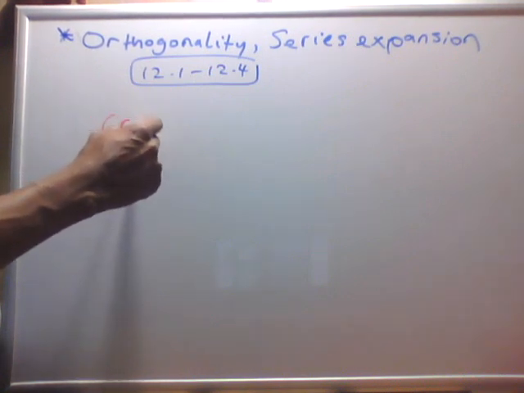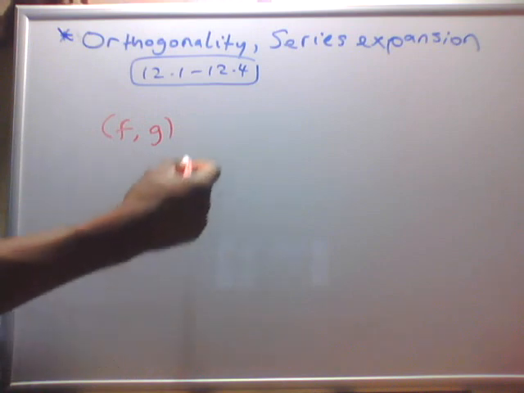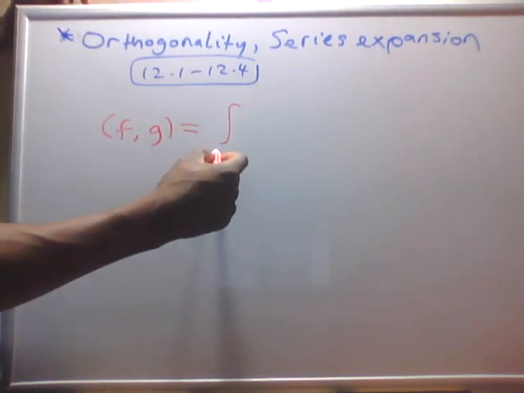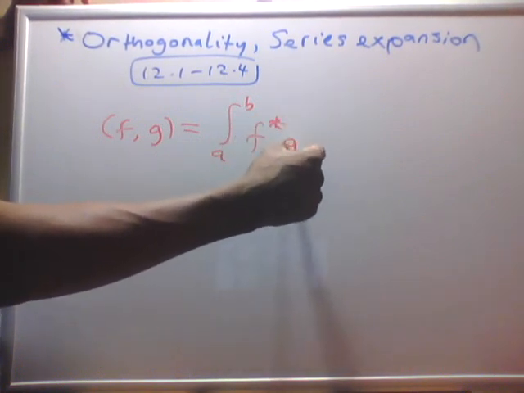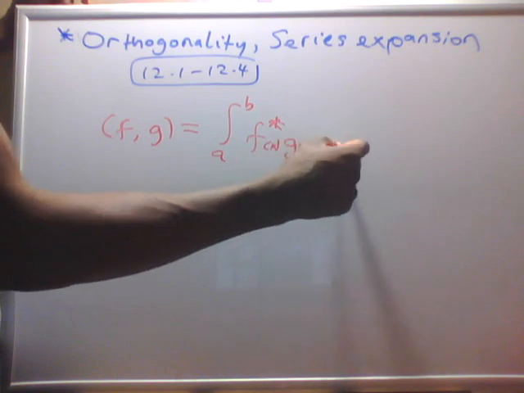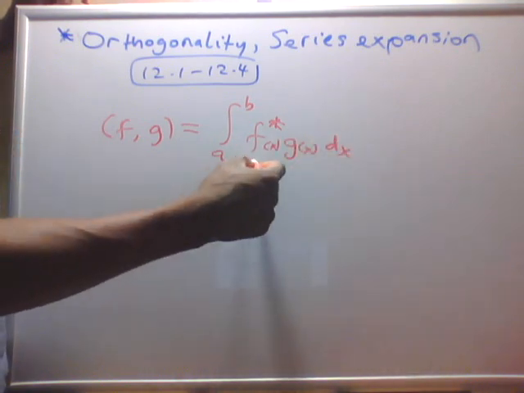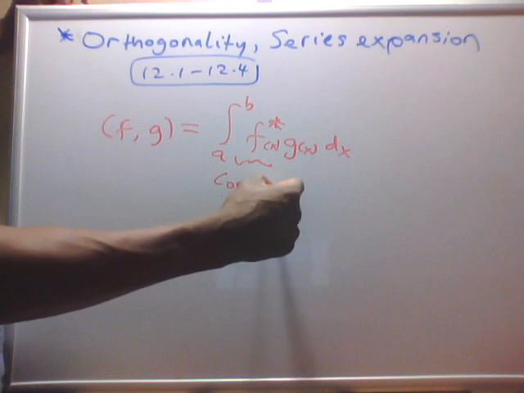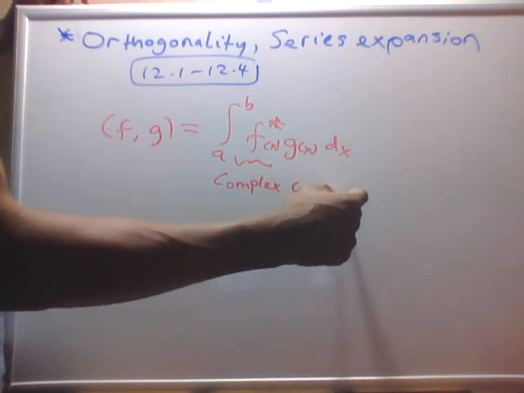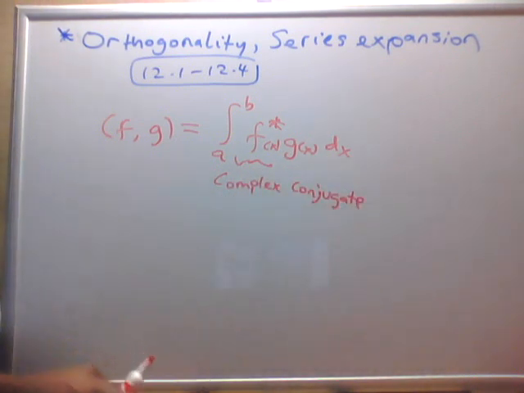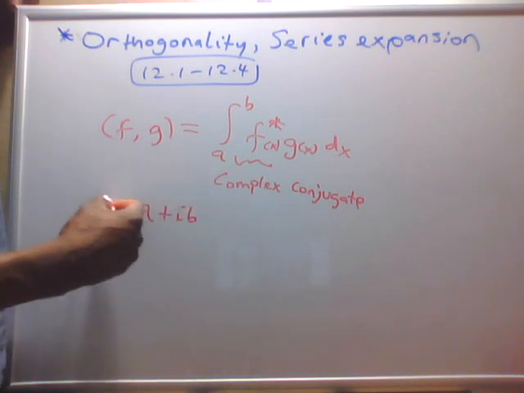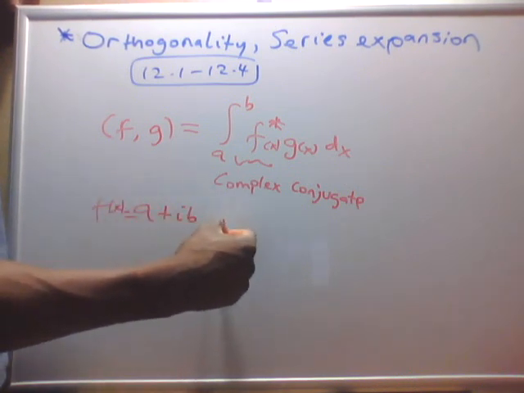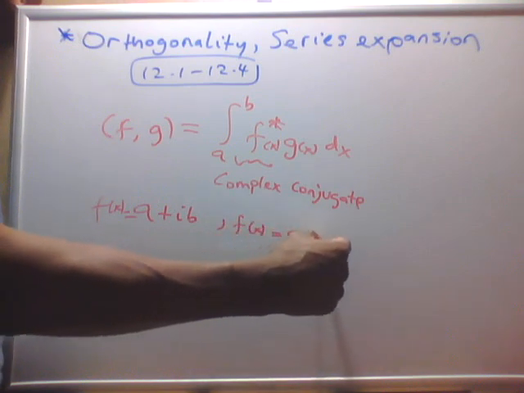If I have two functions, f and g, and I find the inner product of these two functions, if they're complex functions over an interval a, b, it's defined as the following, where this is the complex conjugate of f of x. In the case where I have a plus ib, its complex conjugate is a minus ib.